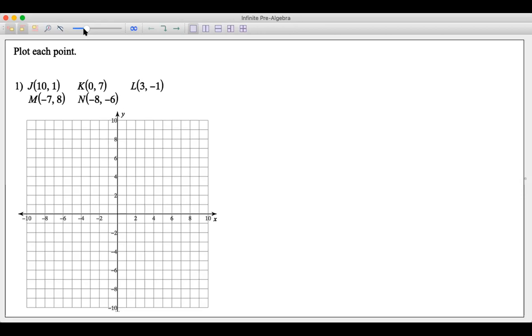Keep working. Come on. All right, solid. Solid or dotted. If you get 0, 0, 0, 0, pick another number. And if the test point you think is true, that's the side to shade.